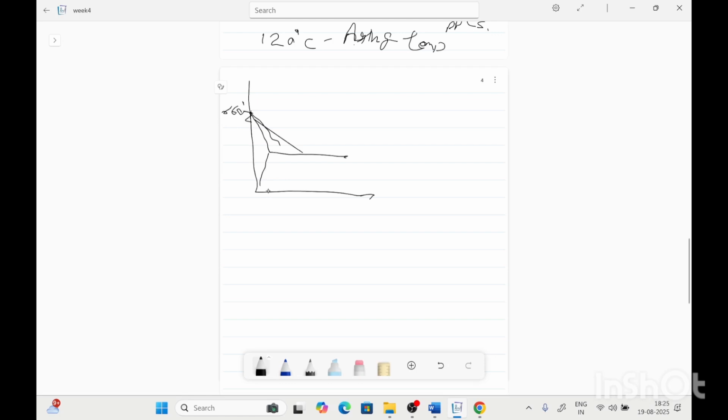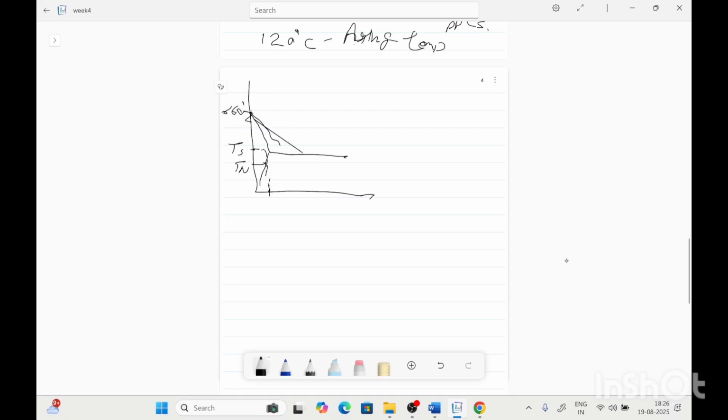If we take this composition and heat it to a complete solutionizing temperature Ts, at the temperature at which it intersects the solidus line, this is given as Tn, for the nucleation of solid.